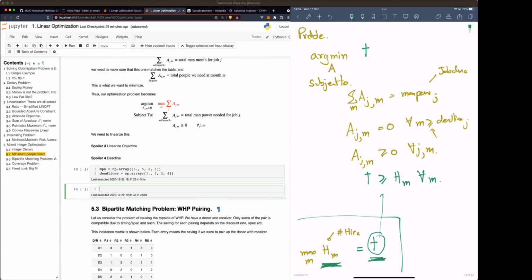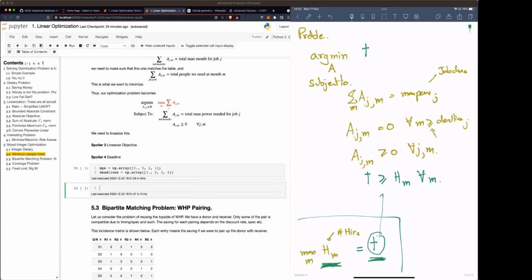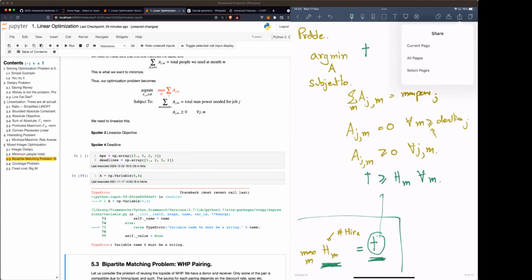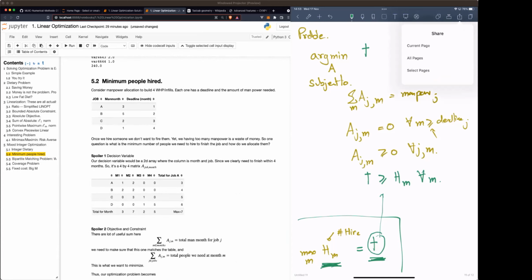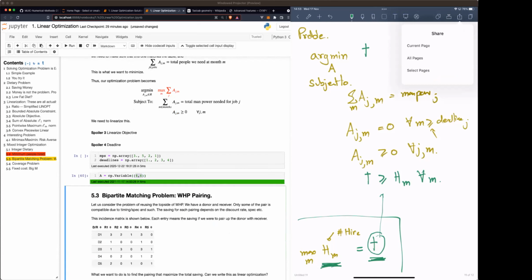Okay, so let me help you. You define your variable, right? A is a CP variable. And it's what? How much? 4, 4? That's how you define an array. 4 must be a string. Yes, like this, 4, 4.